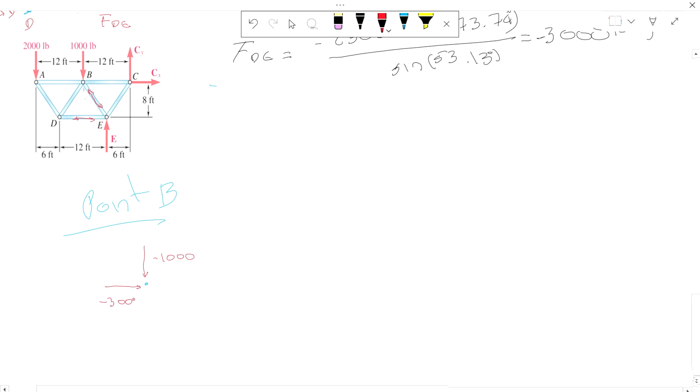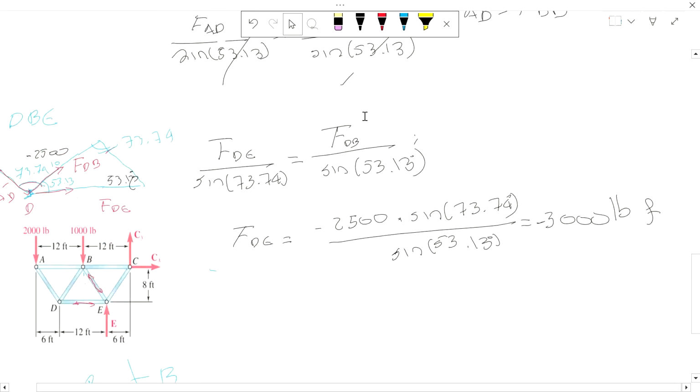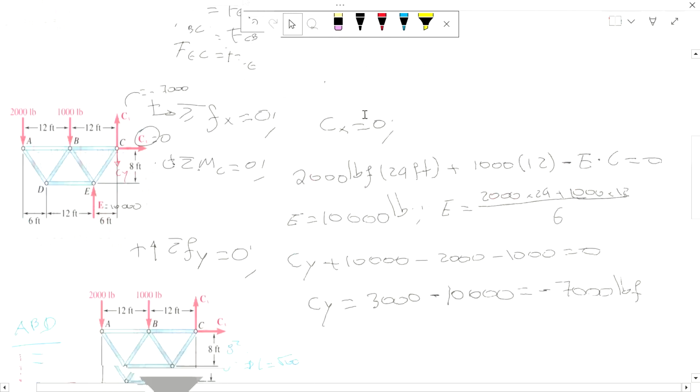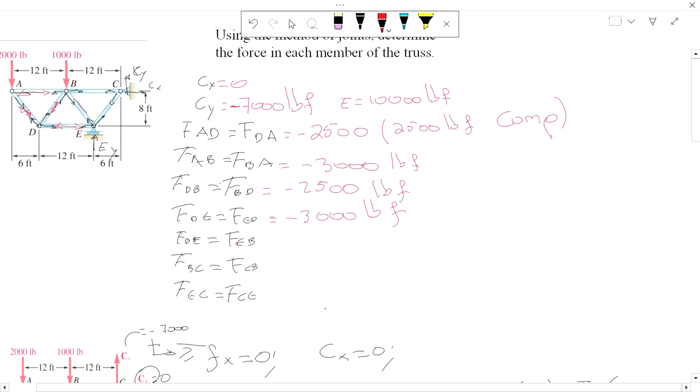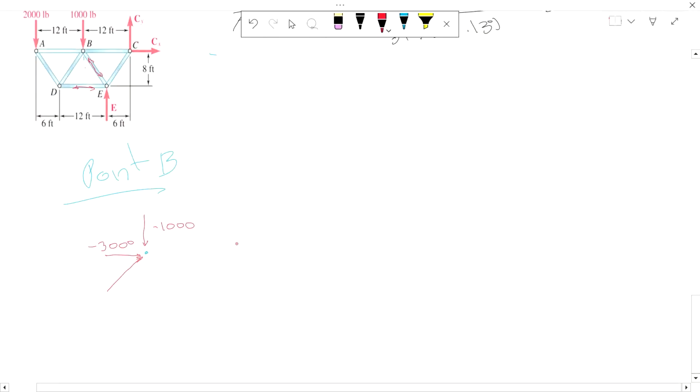Negative 3,000. And we have the force D to B. So we have to draw that one too. And D to B is, let's check, D to B is negative 2,500. Okay. And then we have B to C, which we don't have.